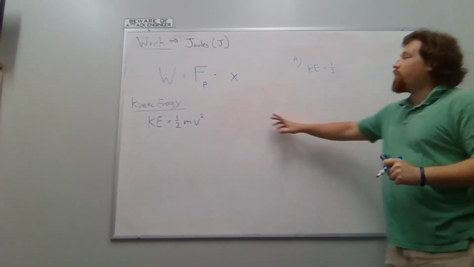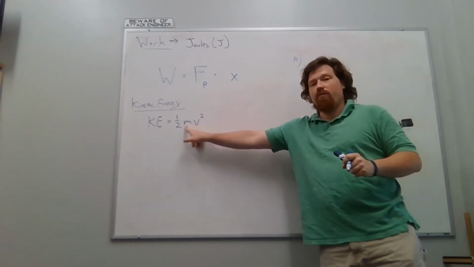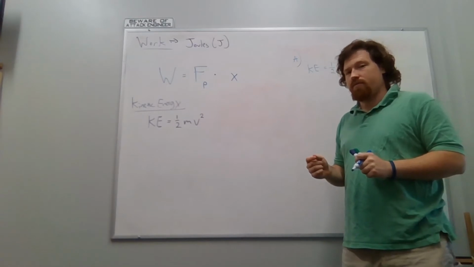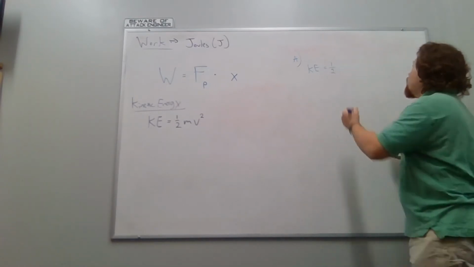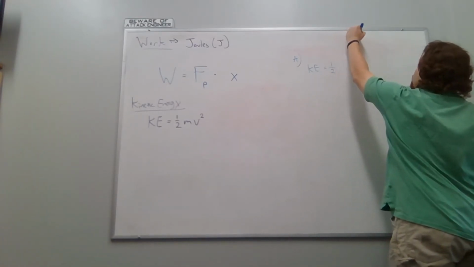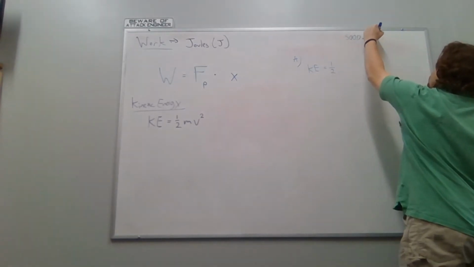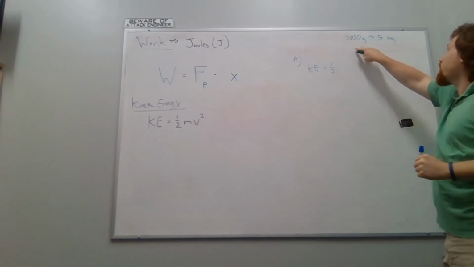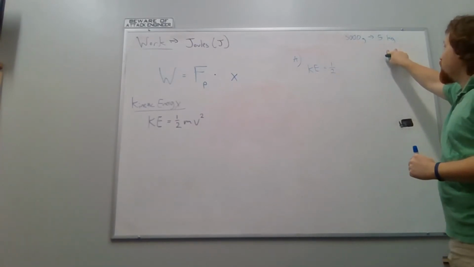Now, whenever you see an M in one of our formulas, we're going to want kilograms, not grams. And 5,000 grams is equal to 5 kilograms. 5,000 grams becomes 5 kilograms.